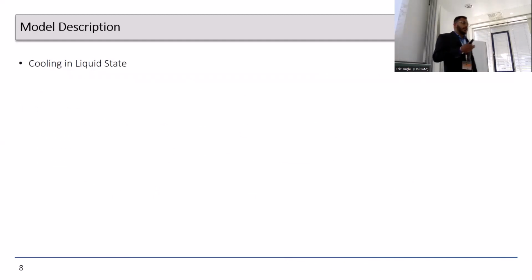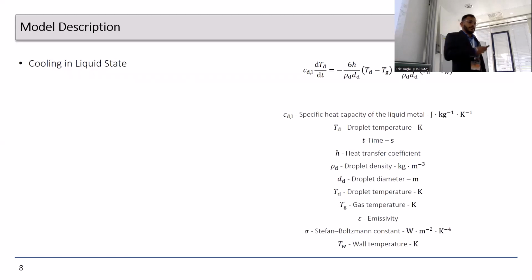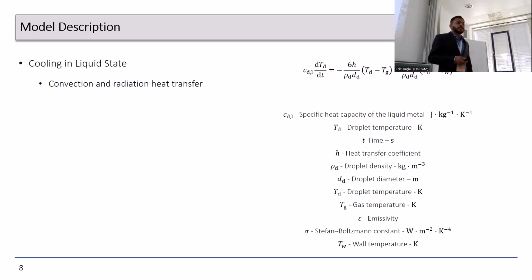So our model, we are developing it based on the work from Bergman et al. and Lee and Ann. This is our cooling in the liquid state, where the differential equation for the temperature change is taken, where convection and radiation heat transfer are accounted for. As you can see, there are two terms in the equation.